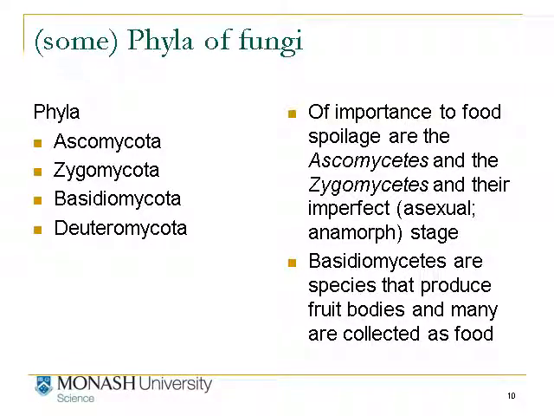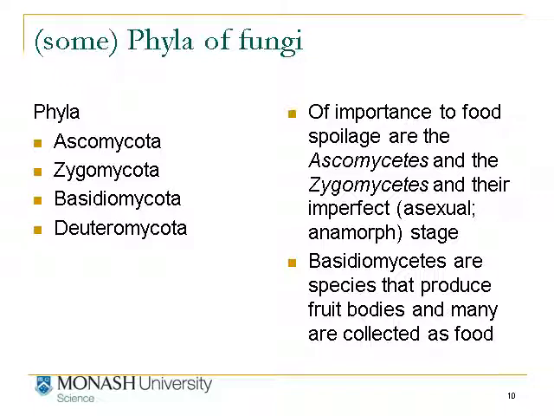A few phyla of fungi will be discussed here. For example, the Ascomycota, Zygomycota, Basidiomycota, and the Deuteromycota. Actually, there's no Deuteromycota phylum anymore in the new classification of fungi. Now, mainly of importance to food spoilage are the Ascomycota and the Zygomycota phyla.